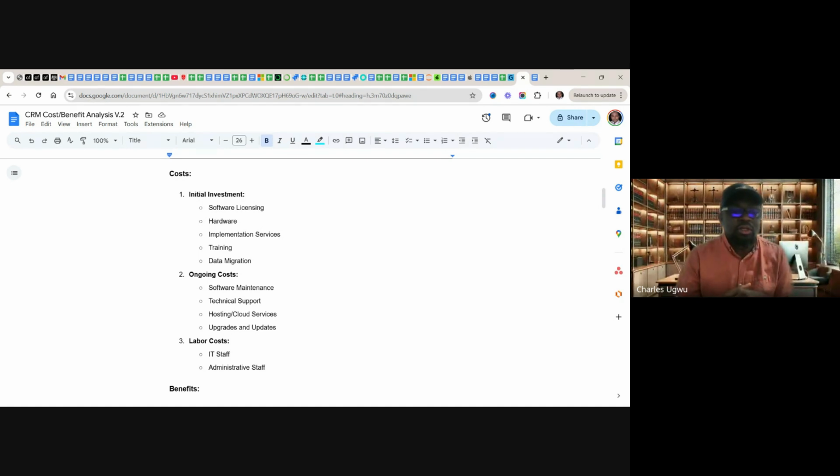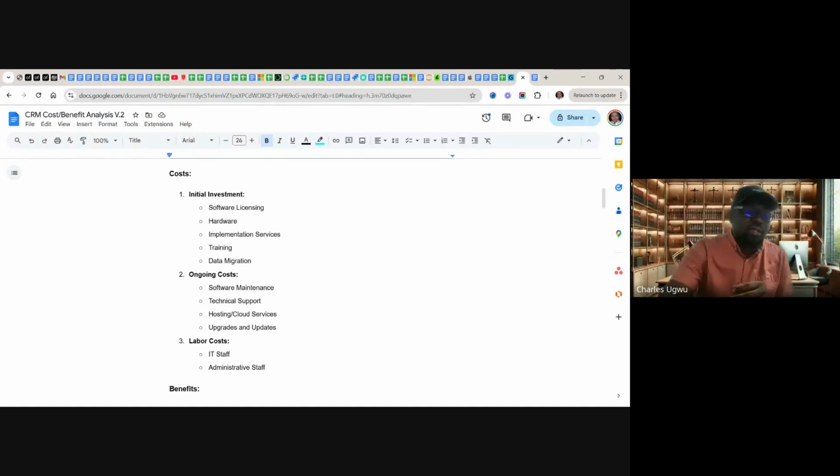And anytime you need to upgrade to the latest version, you might need to employ or bring back some developers, if your company is outsourcing this kind of service, to come and do maintenance like updates. So these are all the costs involved.